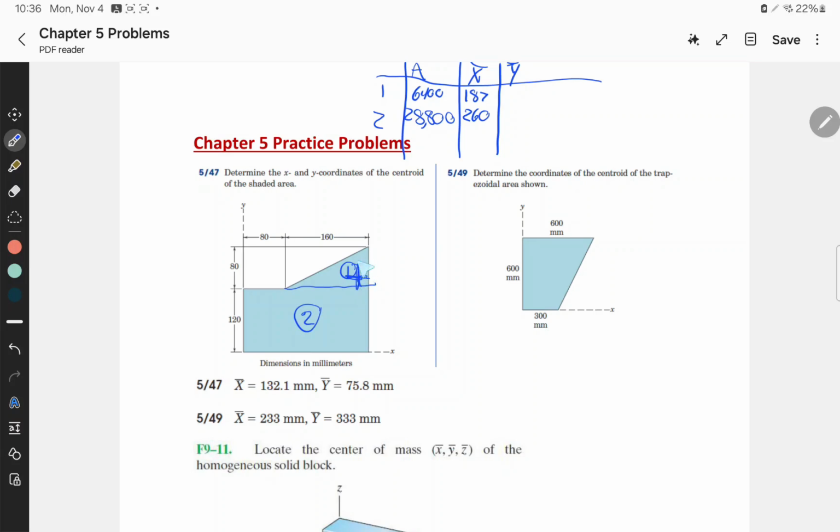This is approximately 27, so 120 plus 27, that's 147. And then the y component of this one is going to be 60.